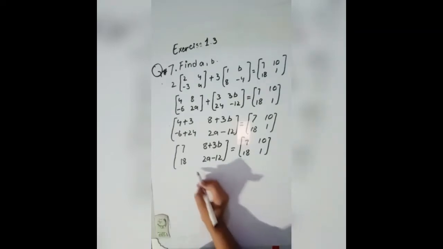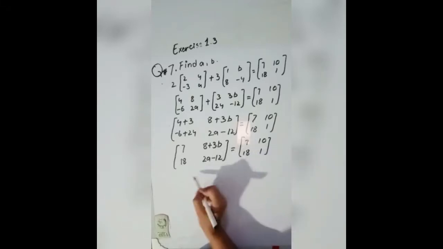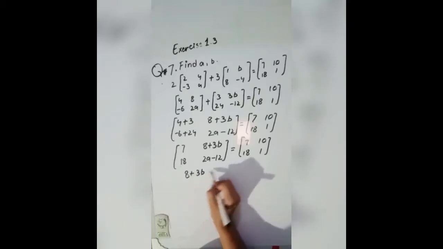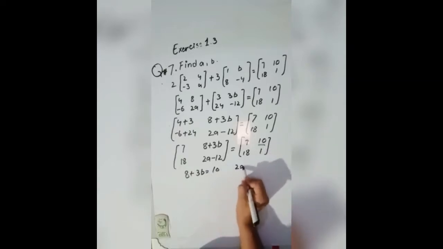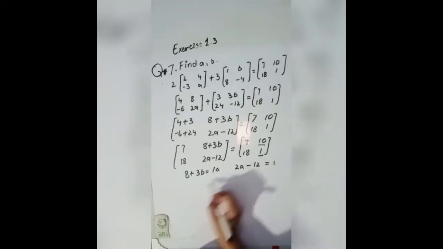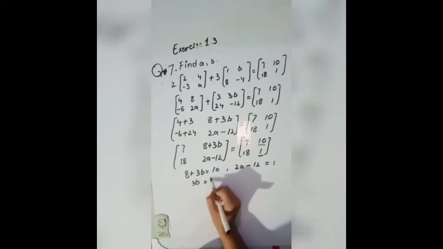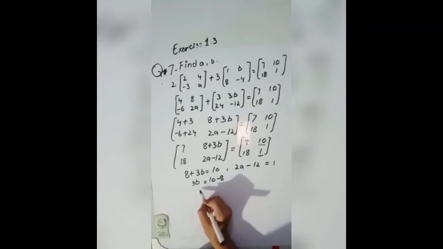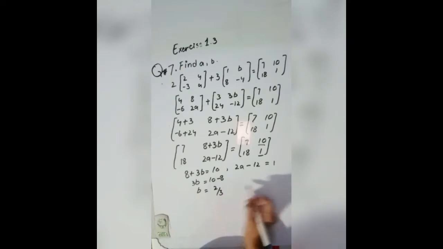Now all the corresponding entries are equal because these two matrices are equal. So equate the values. 3b is equal to corresponding entry 10 and 2a minus 12 is equal to corresponding entry 1. 3b is equal to 10 minus 8 and b is equal to 2 by 3.